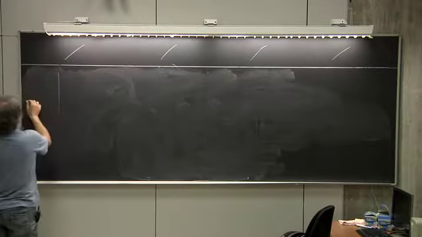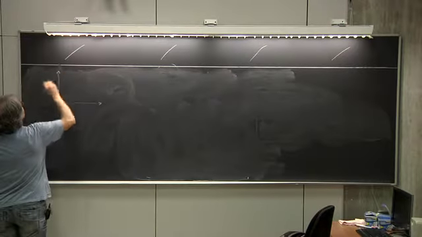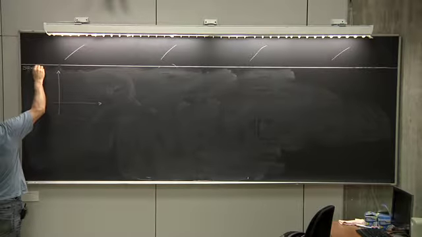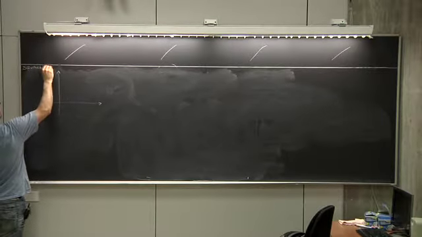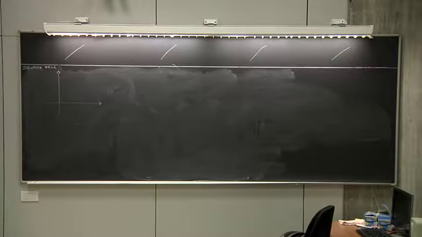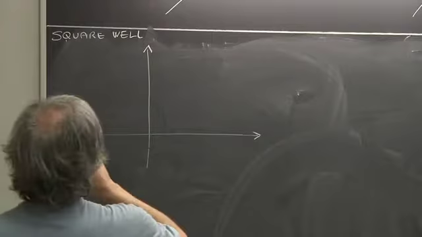This is the square well and not the square barrier. You could do the square barrier with a similar procedure, in fact, by changing the sign of a few things, okay? I will comment on this.